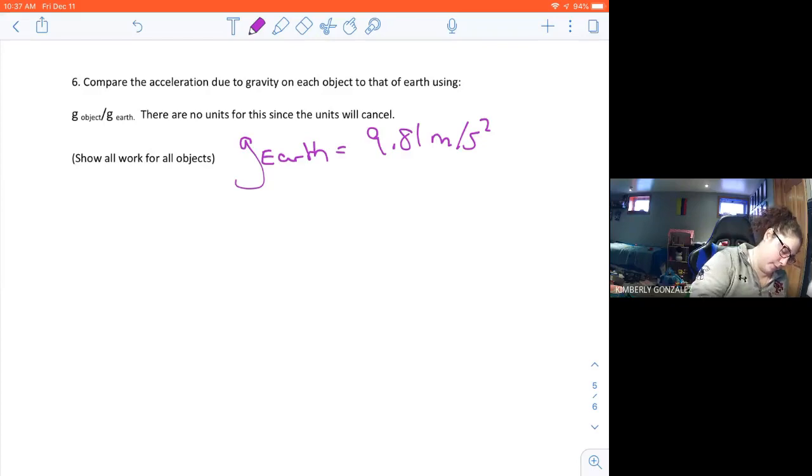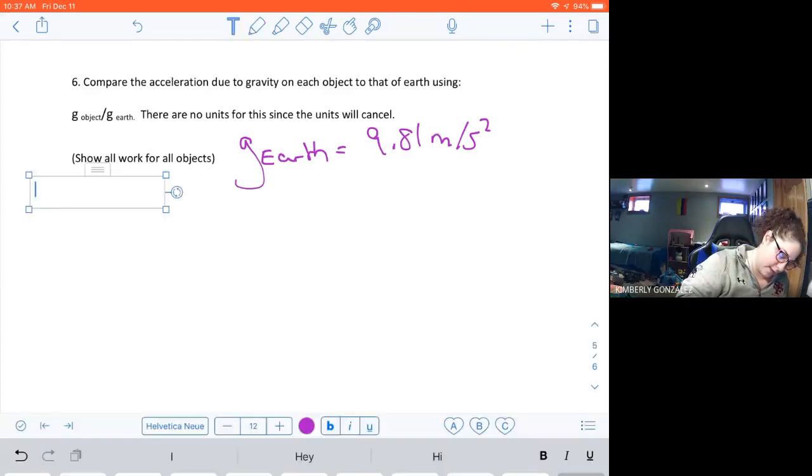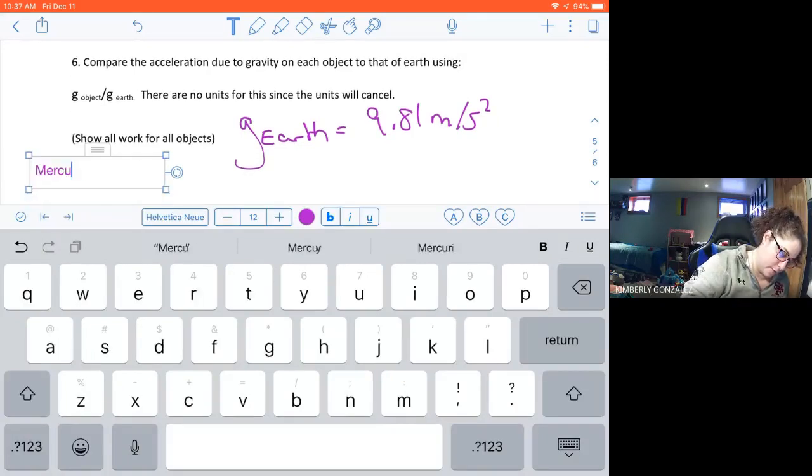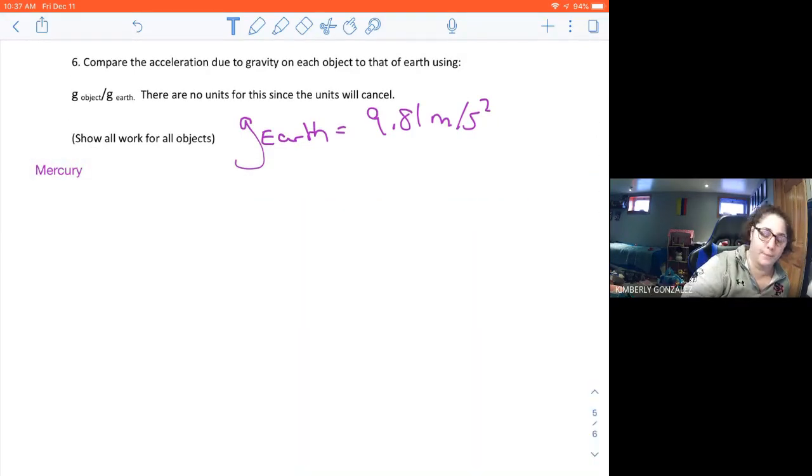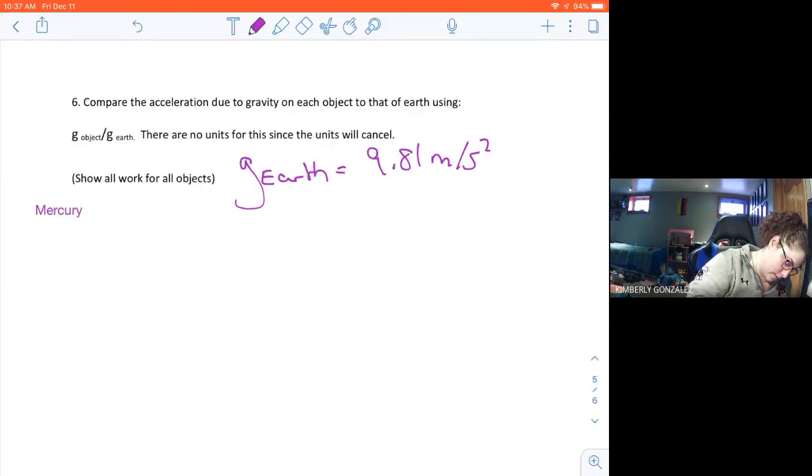So for Mercury, notice I'm labeling it. I'm expecting you to label each one of them. I'm looking for the ratio of the gravity of Mercury and the gravity of Earth.